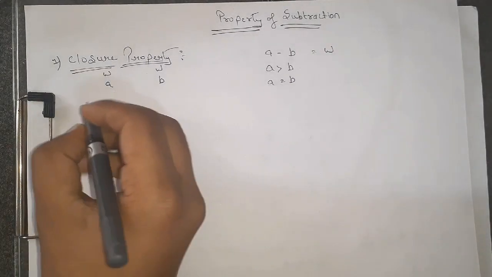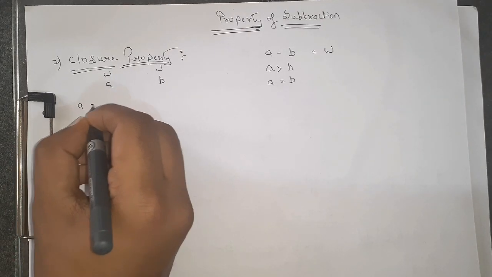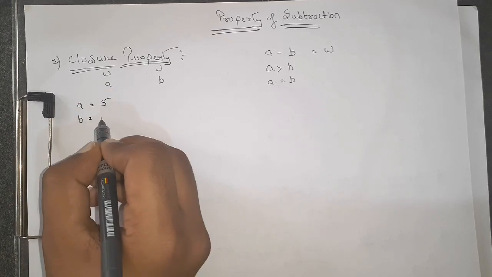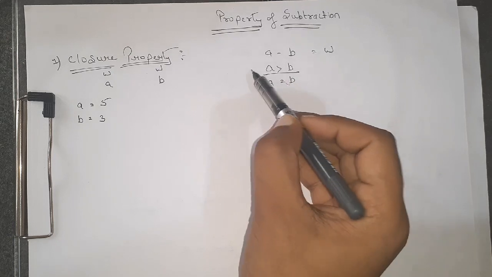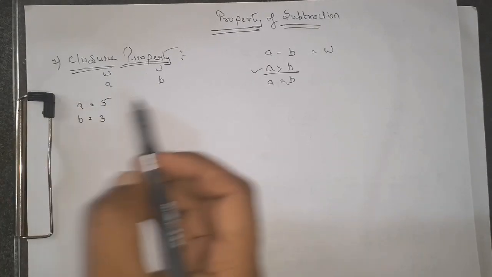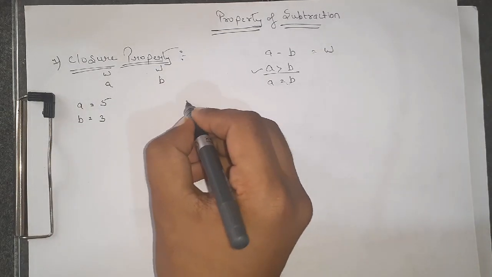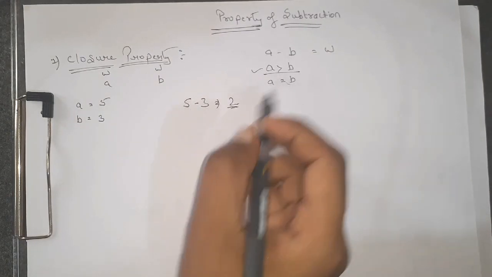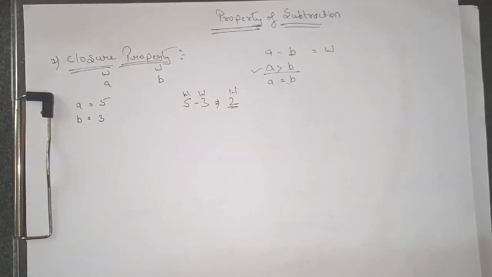So let's understand it with the help of an example. If I take a is 5 and b is 3, this proves the condition that a is greater than b. So this means 5 minus 3, that is 2. This is a whole number, this is a whole number, and this is also a whole number.